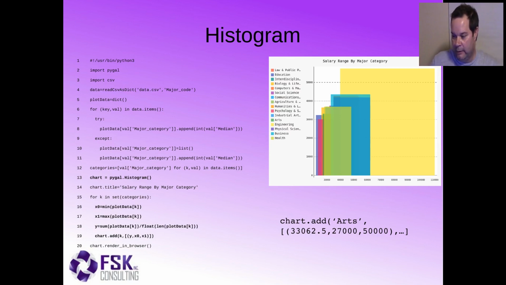When we add to charts, you're specifying your y value followed by two x values, the one to the left and the one to the right, and it's rendered by drawing a box using those three points. It feels like a very clumsy use of histogram, but I at least wanted to demonstrate how that could be done.